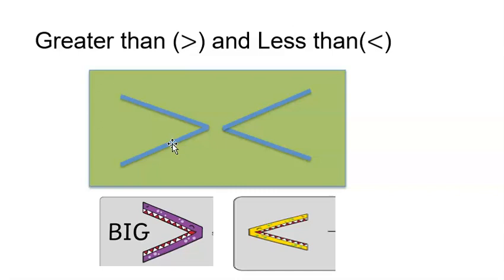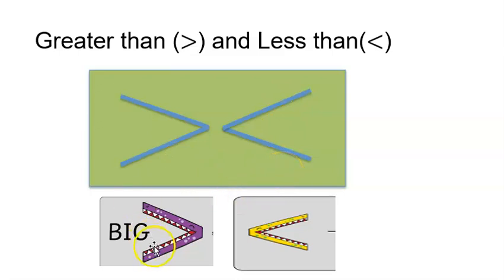When we bend from our elbow, we perform the greater than sign, and when we use our left hand, we perform the less than sign. So the greater than sign is pointing towards the right, and the less than sign is pointing towards the left. The greater than sign represents our right hand and the less than sign represents our left hand.